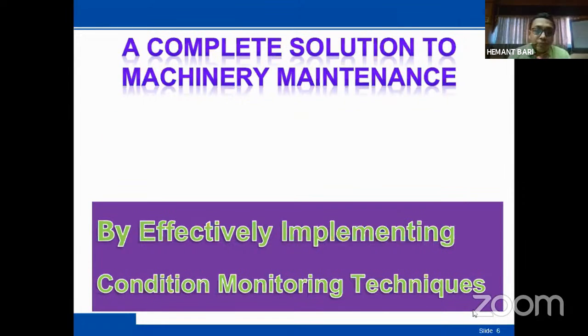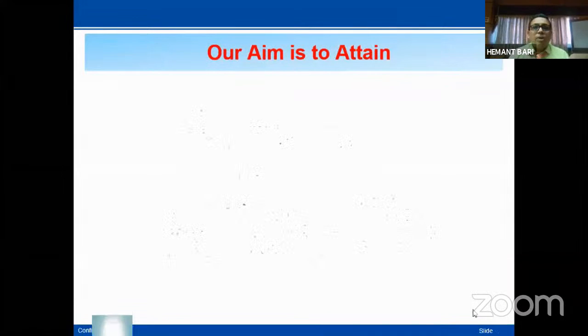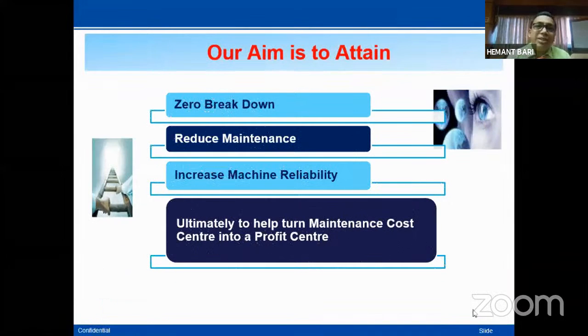Okay, so a complete solution to machinery maintenance is by effectively implementing the condition monitoring techniques. Now, what is our aim? Our aim is zero breakdown. There should not be a breakdown. Yes, there will be a deterioration. Yes, there will be damage to your machine parts, internal parts, or some other parts such as bearings or coupling, bushes.